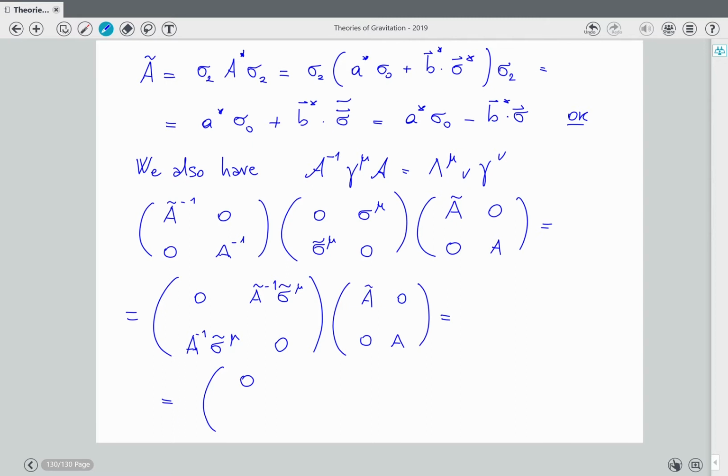This is A tilde also. Let's check, because there's something wrong here. So this times this is now 0.